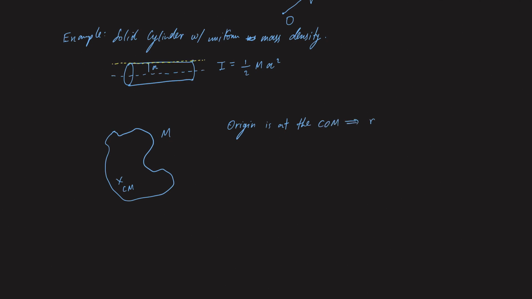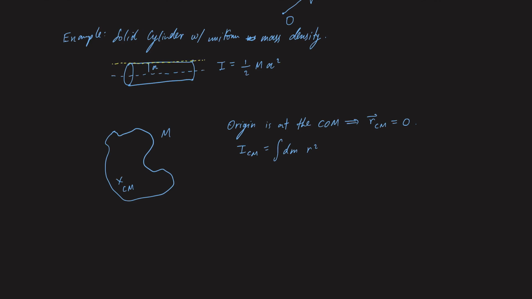That means the distance of the center of mass from the origin is 0. And in this case, the object has the following moment of inertia, I sub cm.